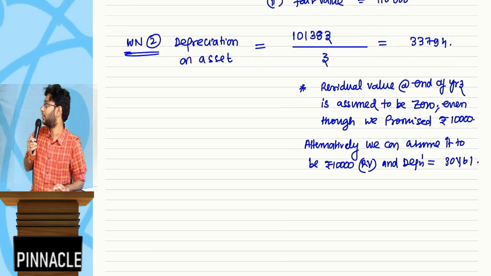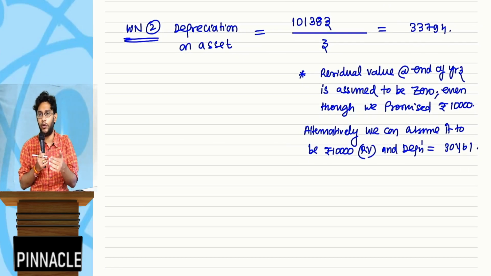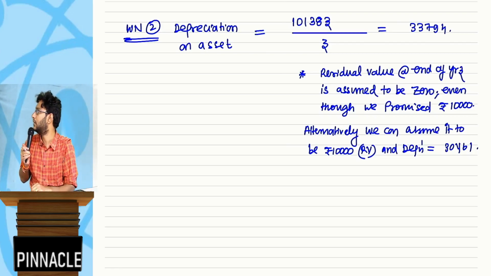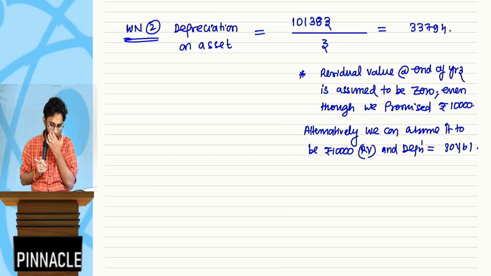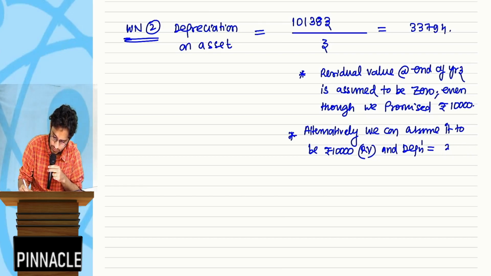Sir, both are correct only, sir. It's just a matter of your assumption. And depending on how you assume here, the final accounting in the lease will change. Either way, whatever you want, you can take, sir. The assumption also is correct. 30,461.